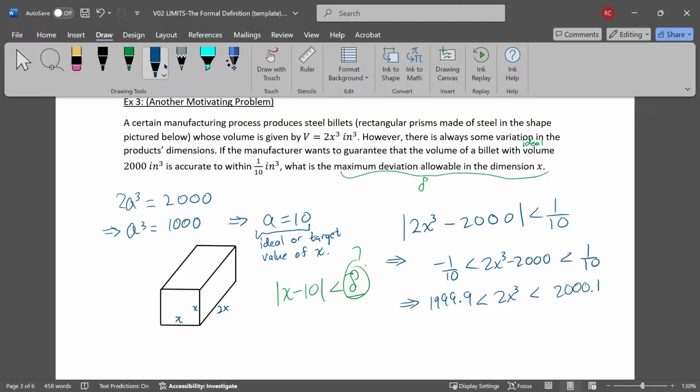Now I'm going to divide everything by 2. So I get x cubed is greater than, and for that left side, I get 999.95. And for the right side, I get 1,000.05.